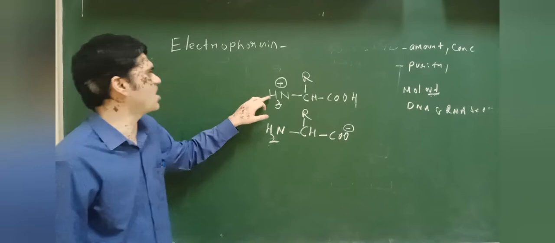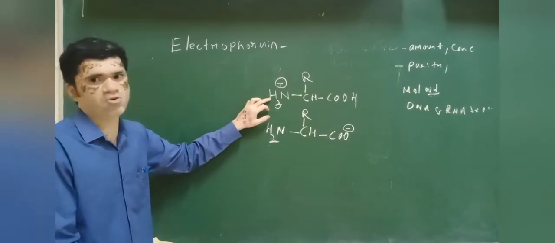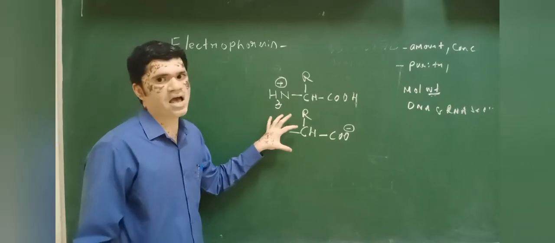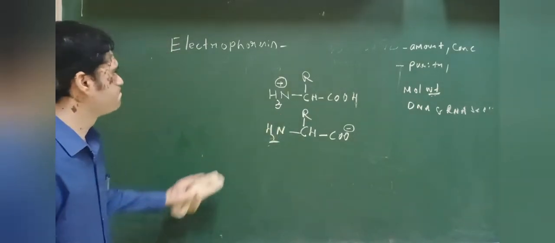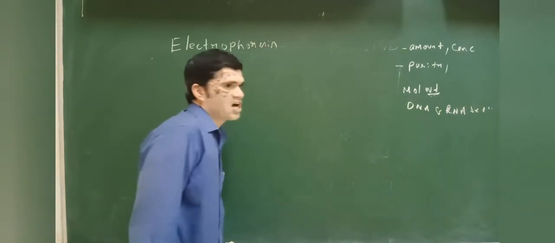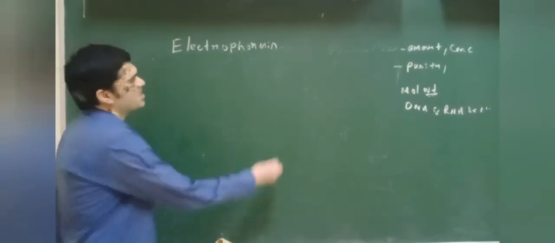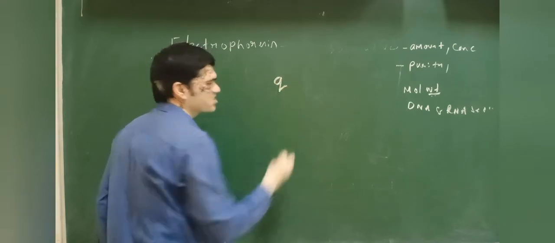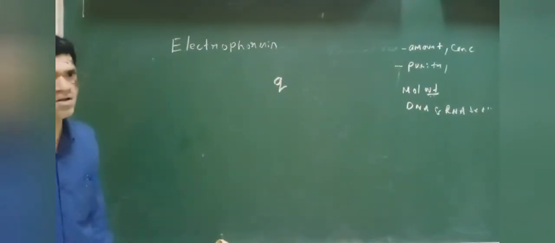The positively charged molecule will move towards the cathode and the negatively charged particle will move towards the anode. Now, since our molecule has acquired charge, let us assume the charge acquired by the molecule is Q.